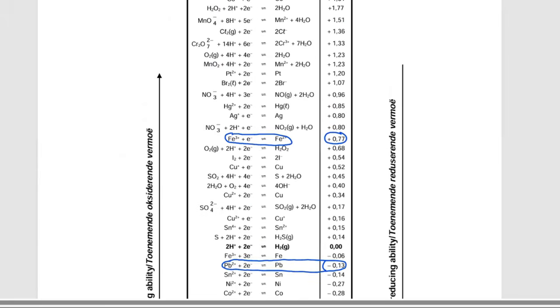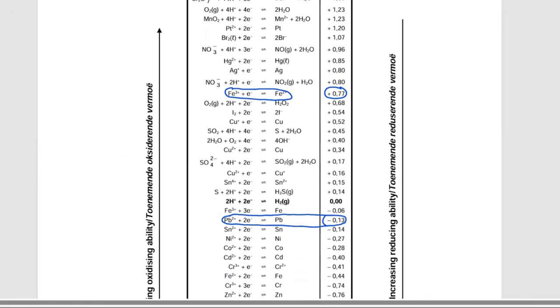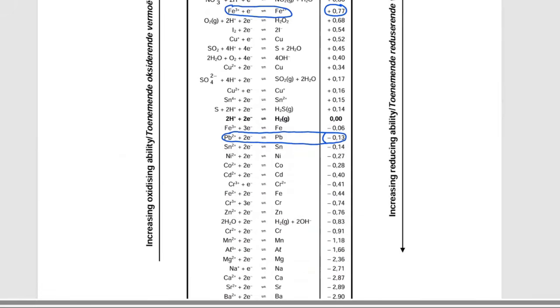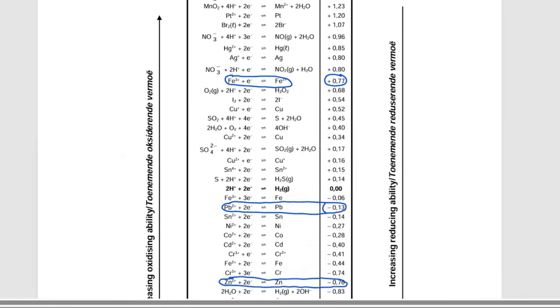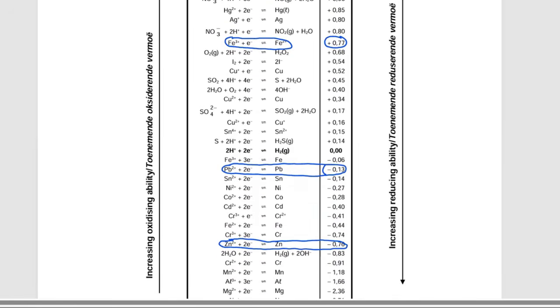Now this is our Zn there. To conclude this one, we look at the oxidizing or reducing agent, right? Going down there, it says increasing reducing ability. So now it means our zinc is a stronger reducing agent, right?